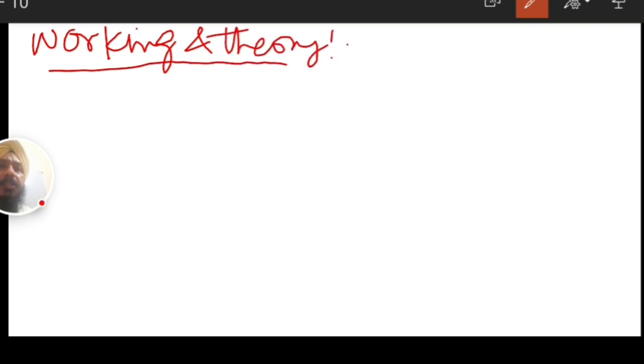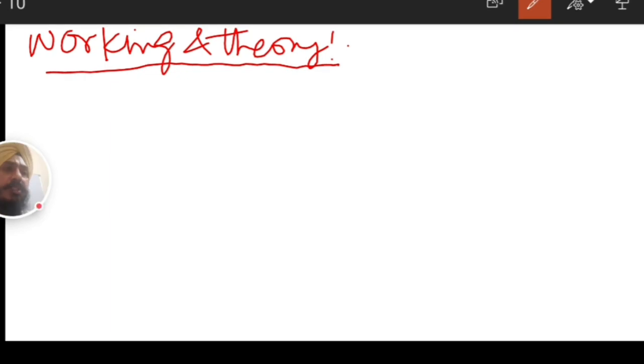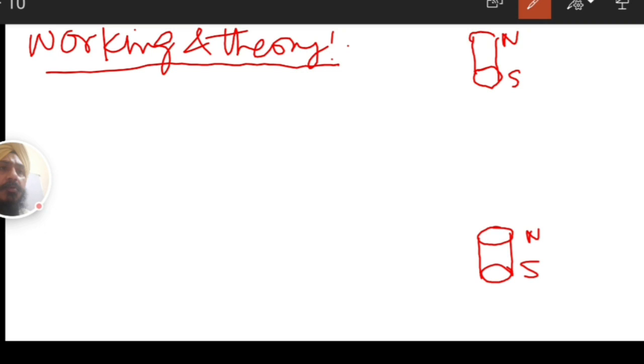of the AC generator. As seen in the demonstration, we have a magnet placed downwards whose north pole and south pole are like this, and there is another magnet whose south pole is downwards and north pole is upwards.